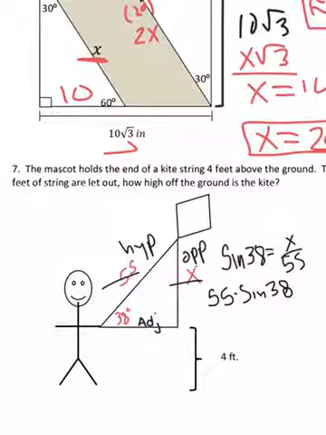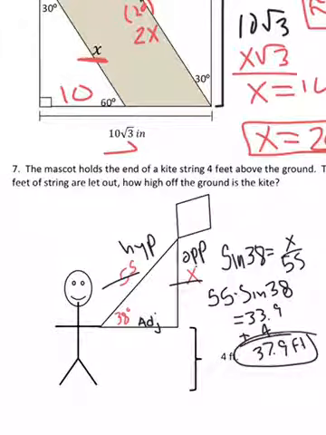This is riveting. Sorry, 55 times sine of 38 is 33.9. But then don't forget to add the 4 here, 37.9 feet. Okay? All right, moving on to the next page.